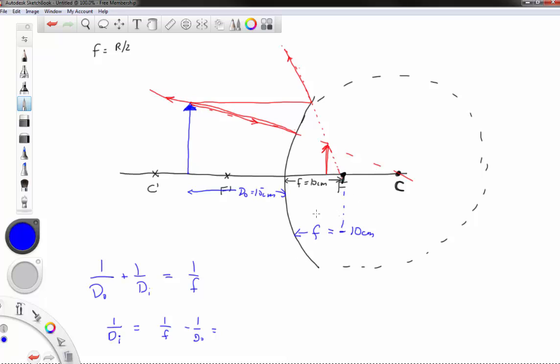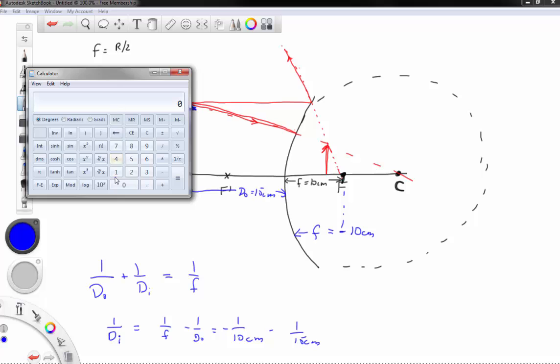So we have 1 over negative 10 centimeters minus 1 over 15 centimeters. We can plug those two numbers into our calculator. 1 over 10 is of course going to be 0.1. So let's do 1 divided by 15, and that's negative, and from that we're subtracting another 0.1 because that's the 1/10.